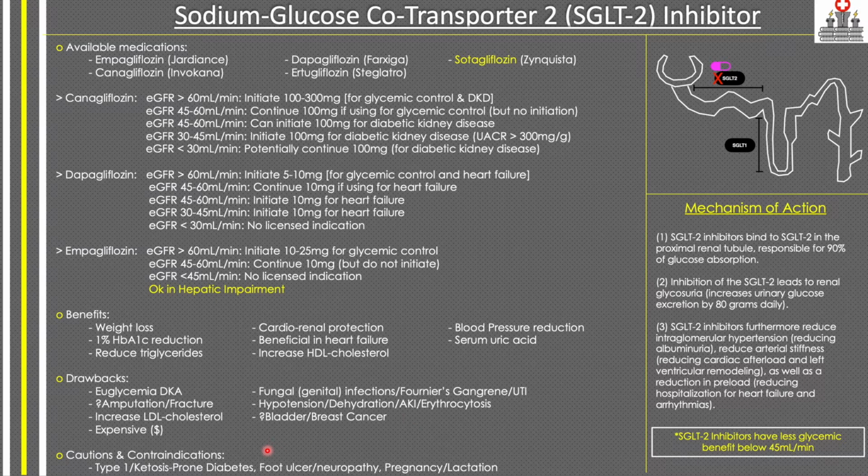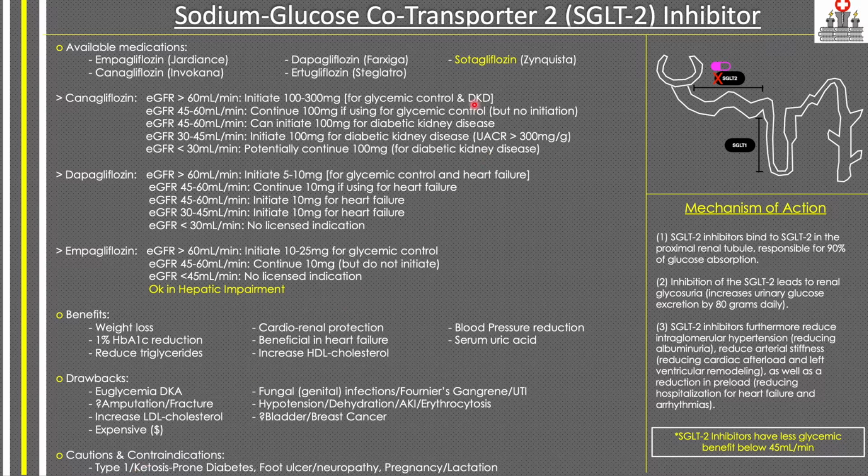Now, there are some contraindications to SGLT2 inhibitors. For the most part, it's not a contraindication, but rather a caution if patients have type 1 diabetes or they have atypical forms of diabetes where they're at risk for going into ketosis.